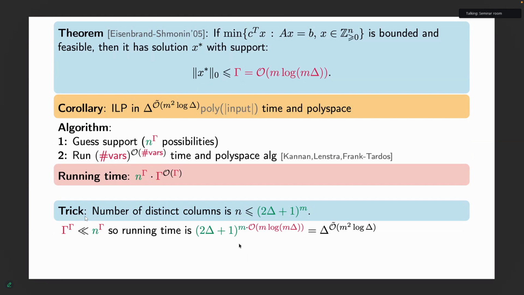So you get gamma has m in the exponent, and another gamma that has m. So that's delta to the m squared times log delta. Okay, pretty simple algorithm. Any questions about that?